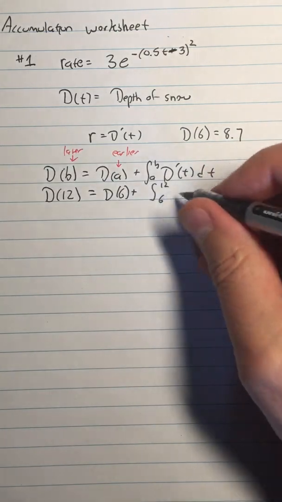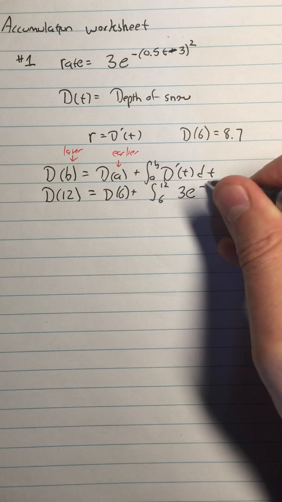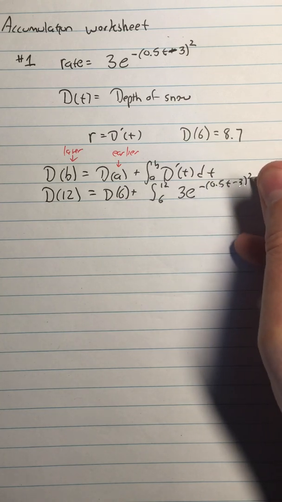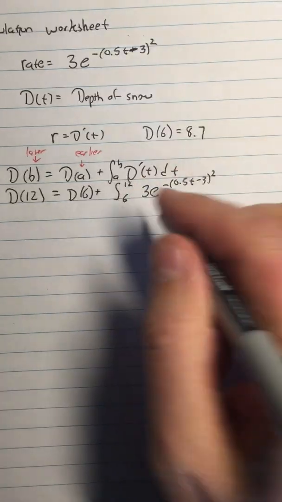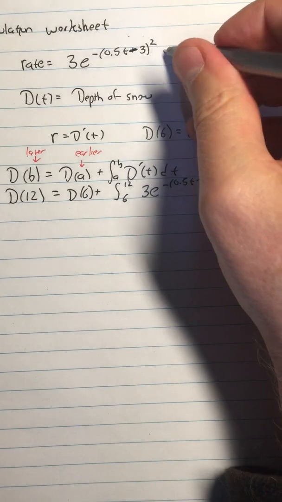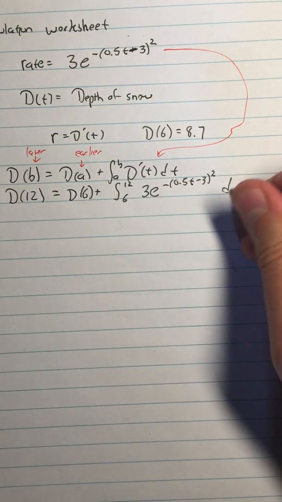Now my D prime is this r of t that was given. It's this function. So that D prime of t is 3e to the negative 0.5 times (t minus 3) squared. All right, that's my rate, my D prime, which is r, right? This function is here, dt.